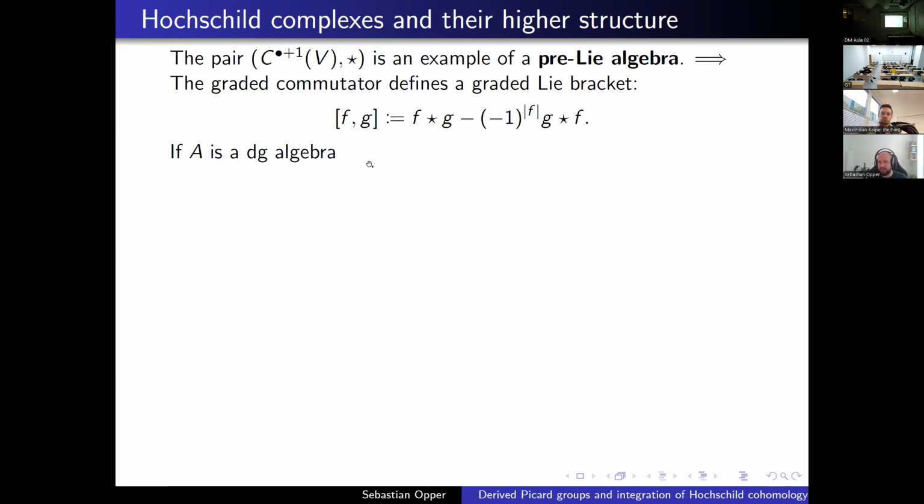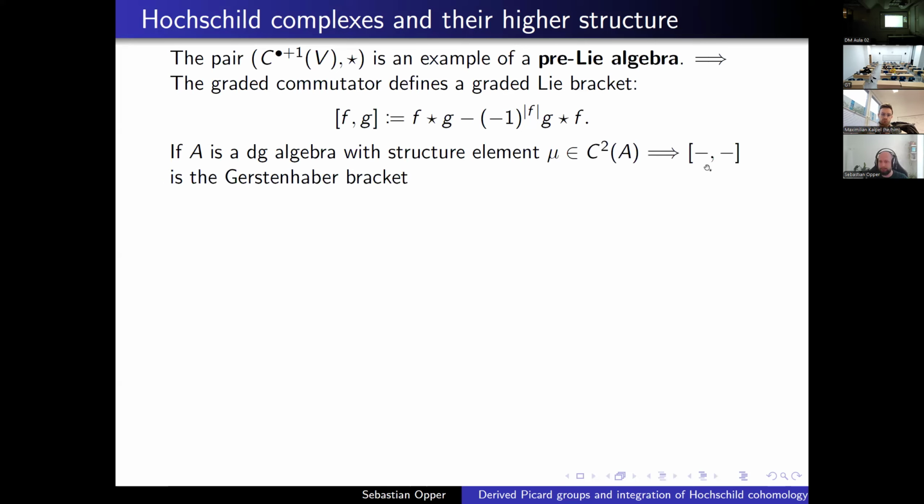And if A is a DG algebra, and you have the structure element mu that we had before, encoding the differential and the multiplication, then the graded commutator of the composition product is just the Gerstenhaber bracket. You can take this as a definition.